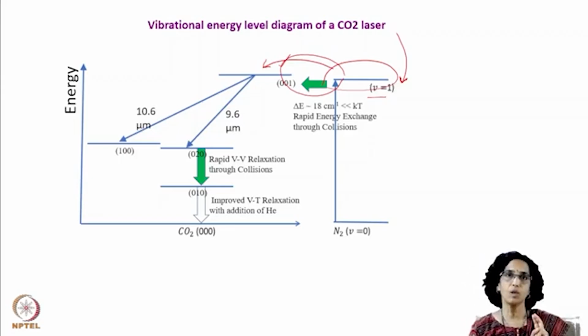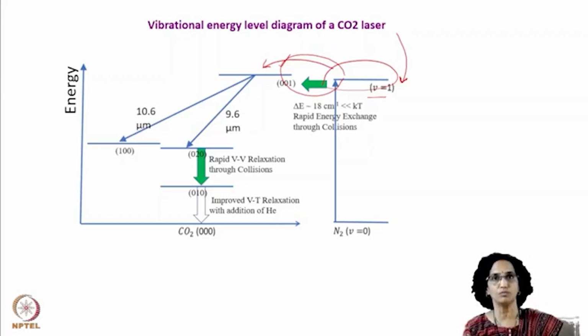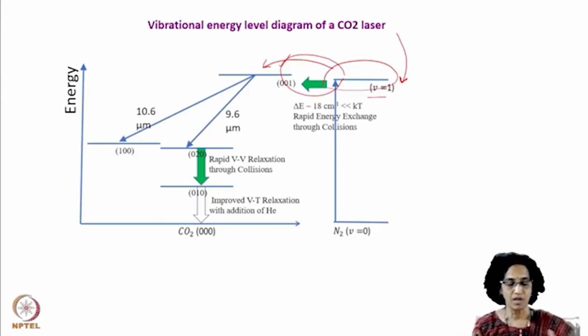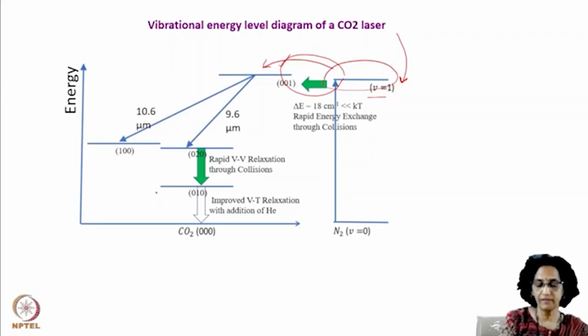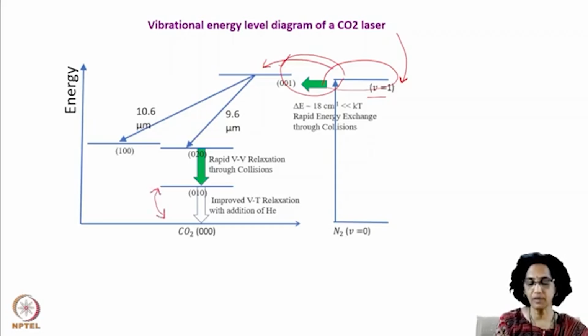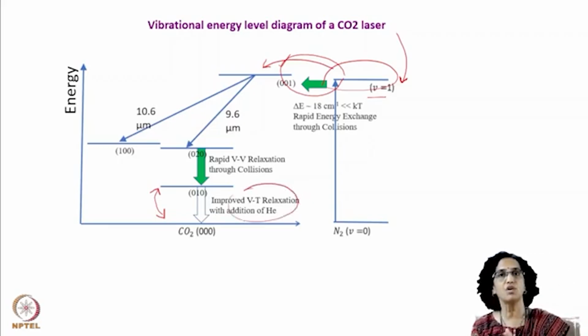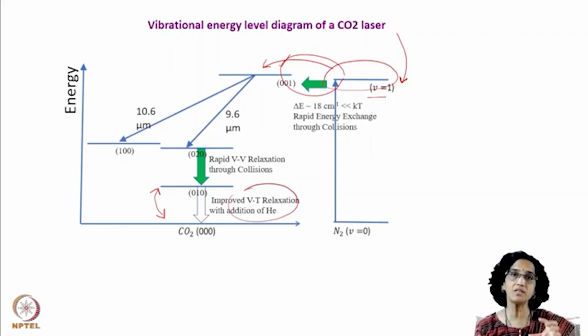Then the second drawback that we encountered when a pure CO2 gas mixture is used is the lower level depopulation. This depopulation is very difficult because it has to be done only through VT relaxation, that is, it has to be transferred into the kinetic energy of the molecules. And because the energy involved is very large, this is difficult.